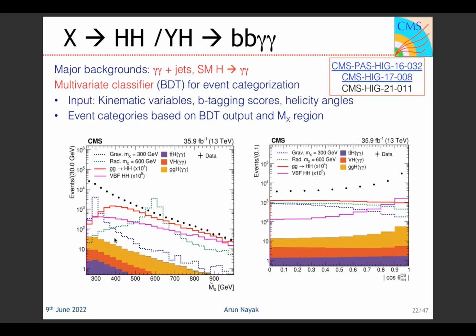Here you can see, for example, the distribution of the mass. This is the continuum background that's shown in the data, and then we have the resonant double Higgs production and also non-resonant single Higgs production shown in this plot. And this is one of the helicity angles that is shown here.